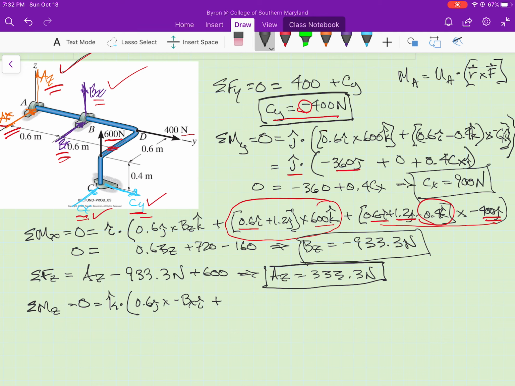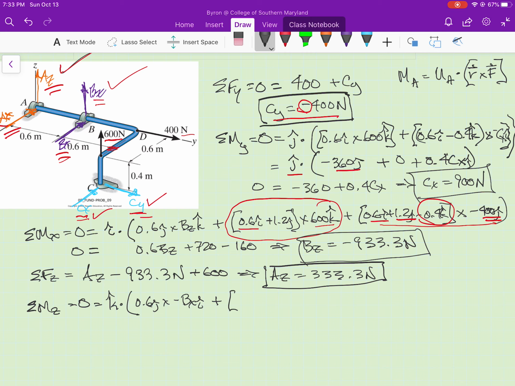Then let's look at c sub x, which is 900 newtons in the negative i direction. For r from the z-axis to c sub x, I'm just going to go from the origin out to the point where c sub x acts on the rod.